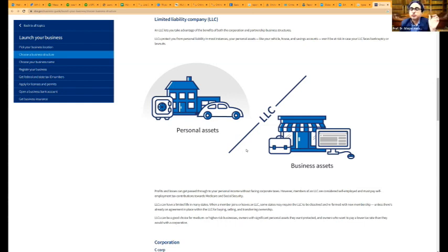If you're unable to pay the repayments of your loan to the bank, the bank is going to sell your house. You will have to give up everything.